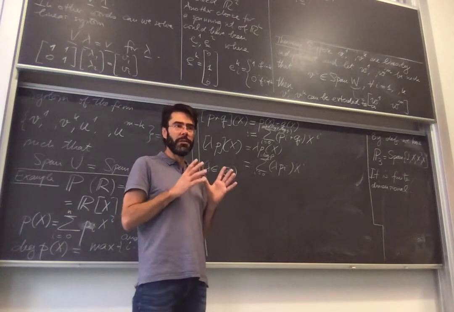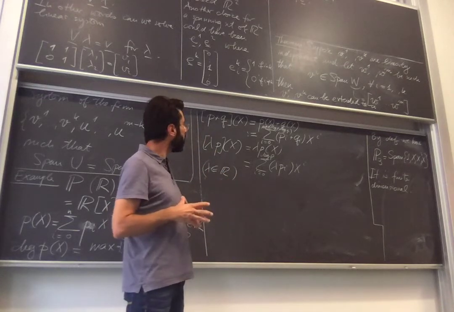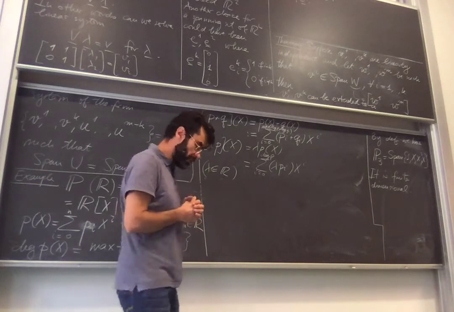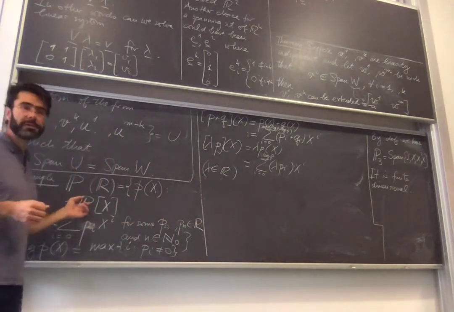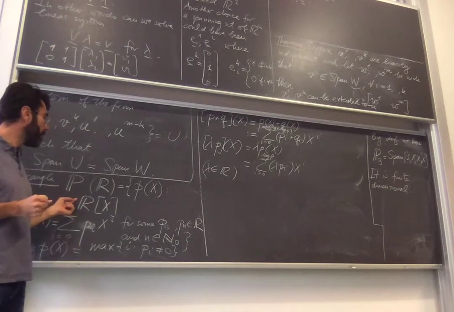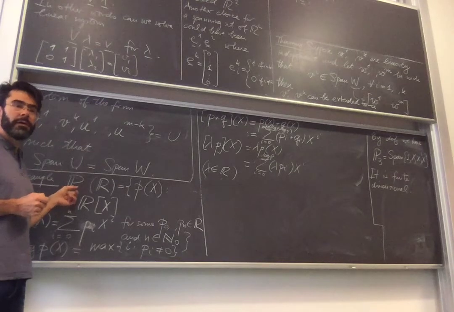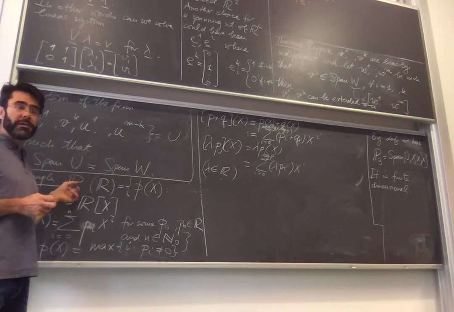For now I'm looking at the linear structure of polynomials. So I can sum them, multiply them by scalars. So this is a vector space, right? Because you check that all the rules of algebra work properly for you. Can we find a spanning set for this vector space?